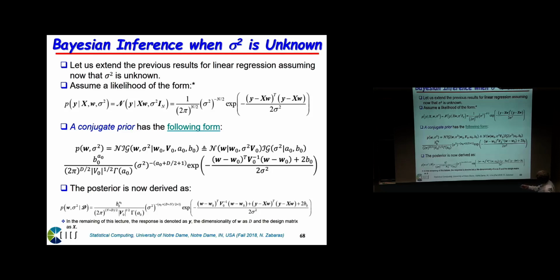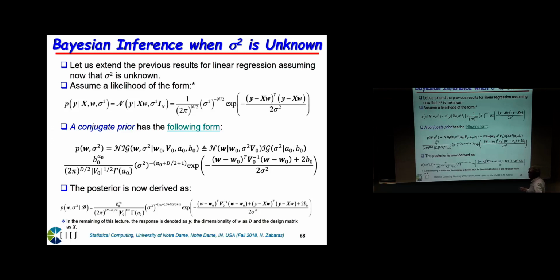So what prior do we use for the joint of W and sigma squared? You remember the normal inverse gamma prior that we did? You basically use for W a normal distribution given sigma squared, and for sigma squared you use an inverse gamma.